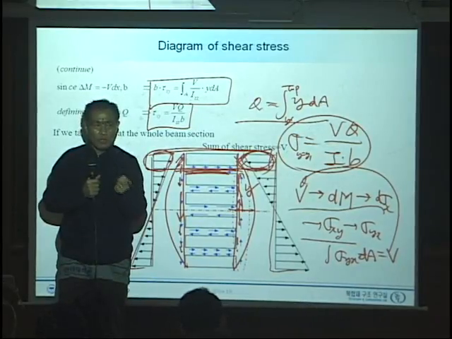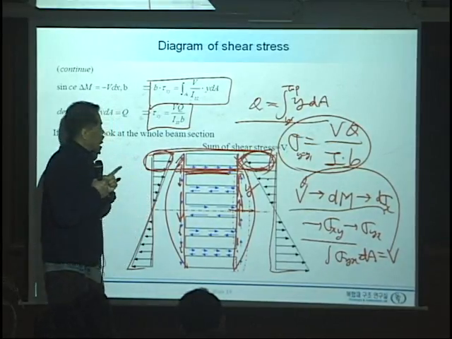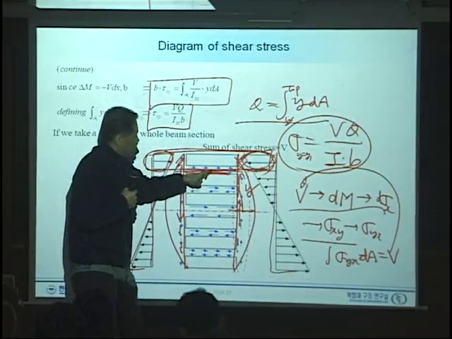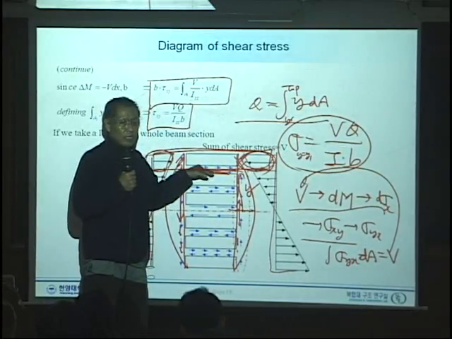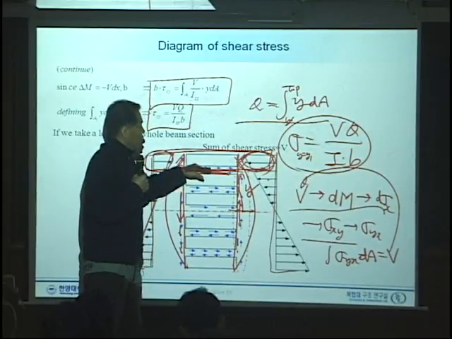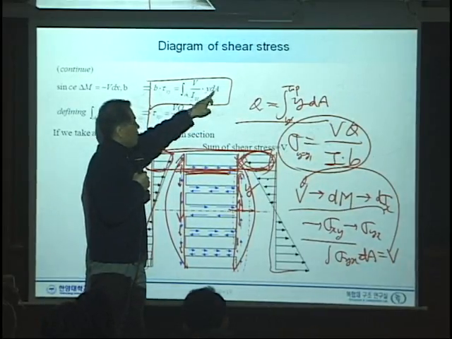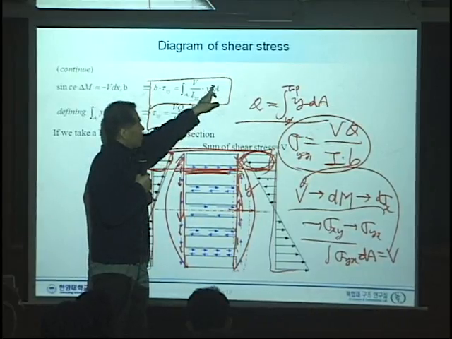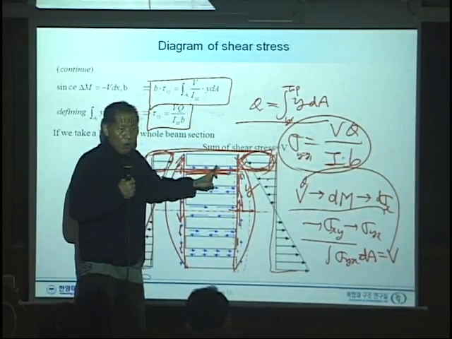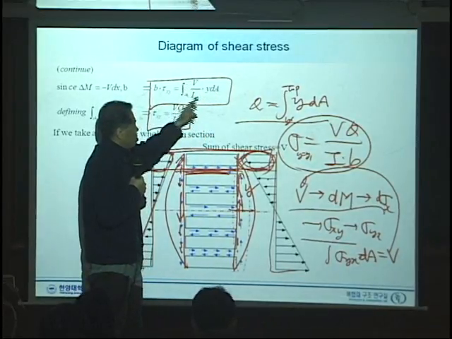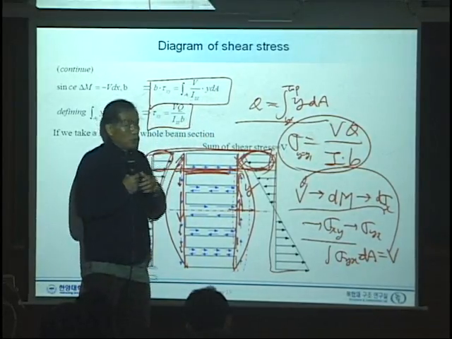You have to integrate this part to calculate at a certain point. For instance, when you want to calculate the shear stress at this point, you need to calculate the y dA, meaning what does this dA mean? dA means here. Okay? Y times dA, and integrate. That we just call Q.